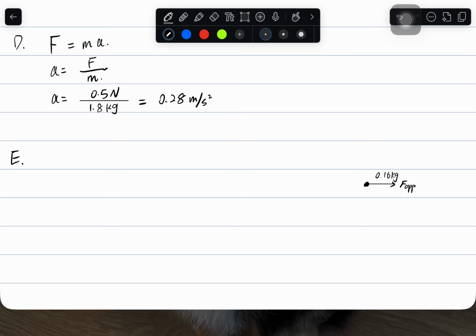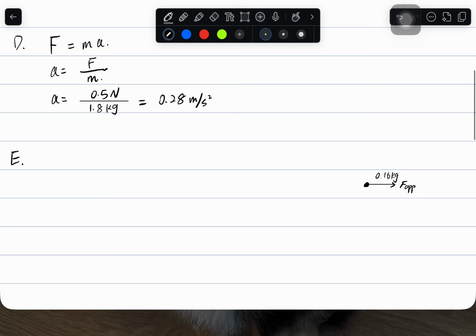During the hit, you exert a constant horizontal force on the puck, giving an acceleration of 75 meters per square second in the same direction as the applied force. They ask for the magnitude of the horizontal force.